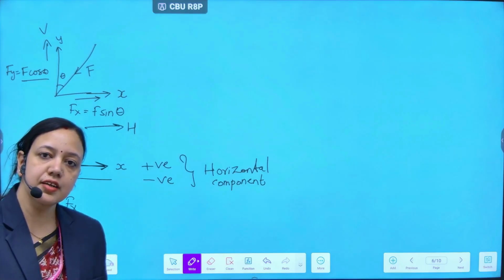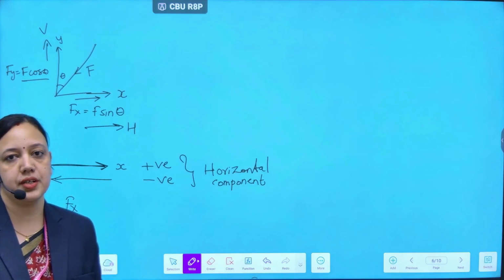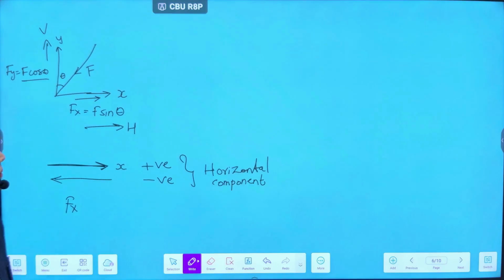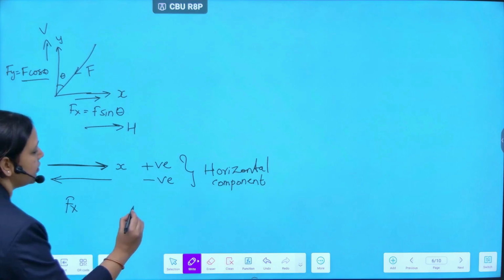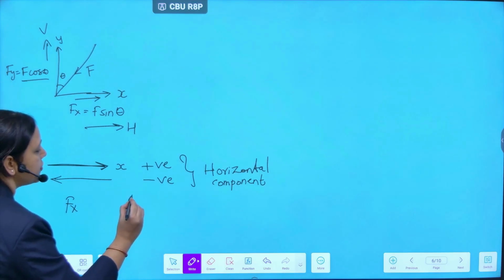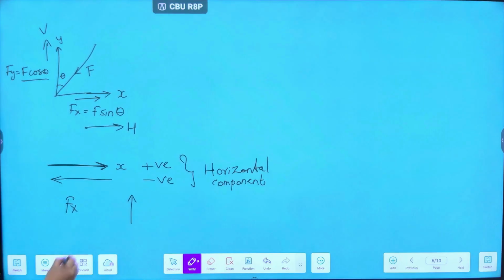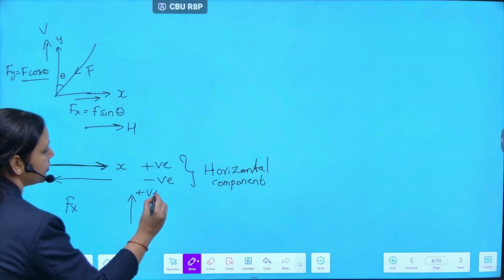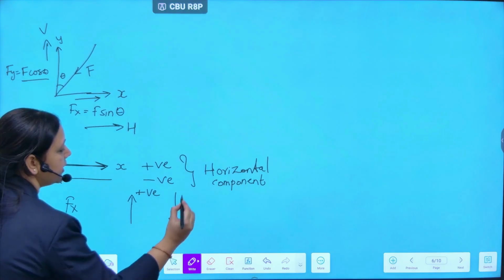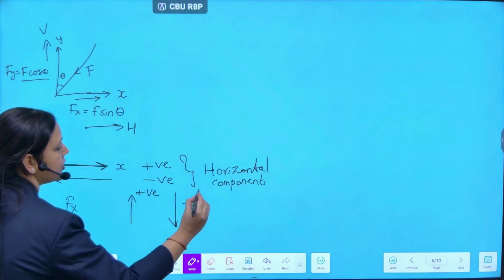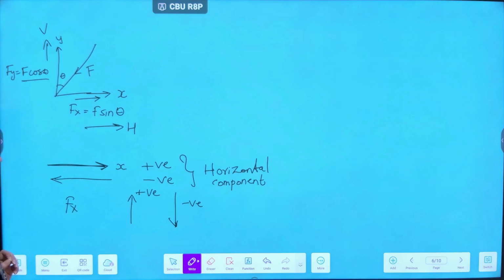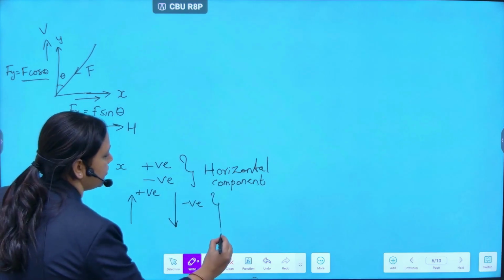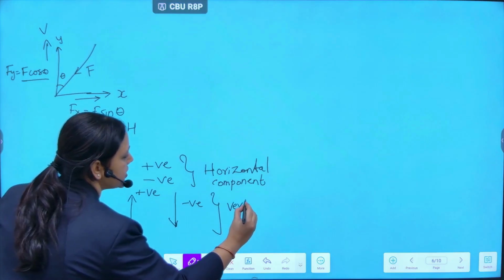Now similarly, coming to the y component or the vertical component, Fy. In the vertical component, the sign convention is: force vertically upwards is positive, force vertically downward is negative. So this is the sign convention for our vertical component.